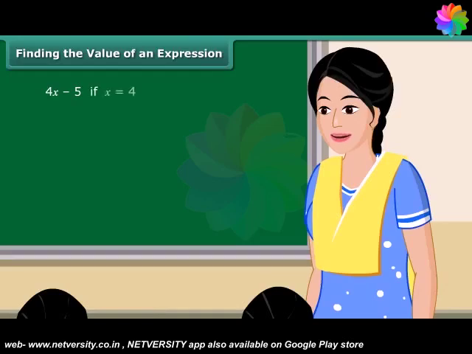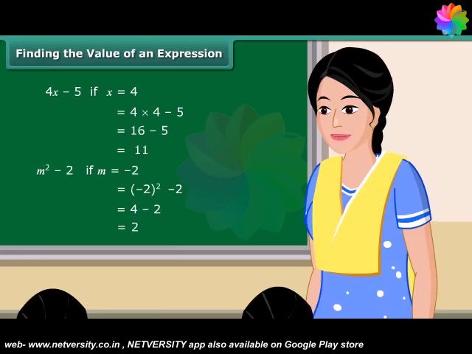If the value of x is equal to 4, then the given algebraic expression is equal to 4 into 4 minus 5, which is equal to 16 minus 5, that is 11. Similarly, if m is equal to minus 2, then the value of the expression m squared minus 2 will be equal to 2.